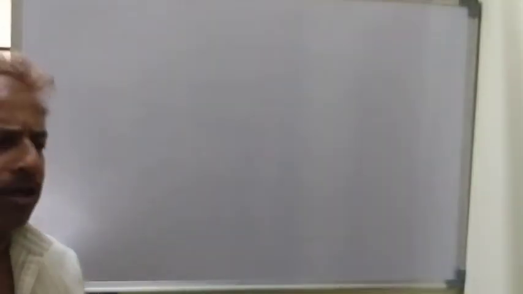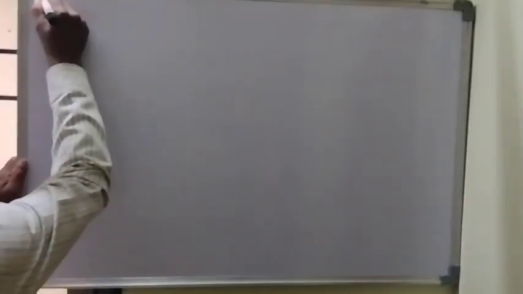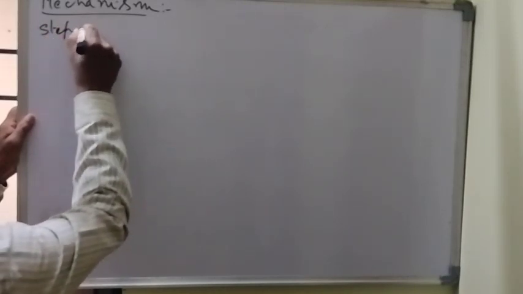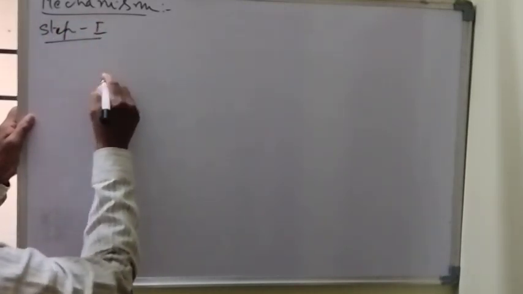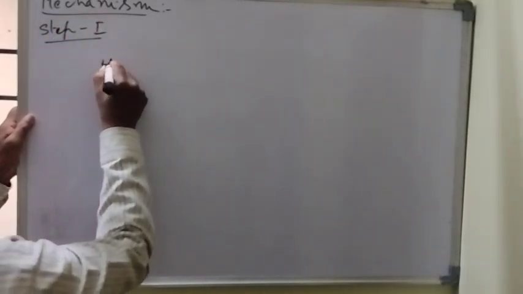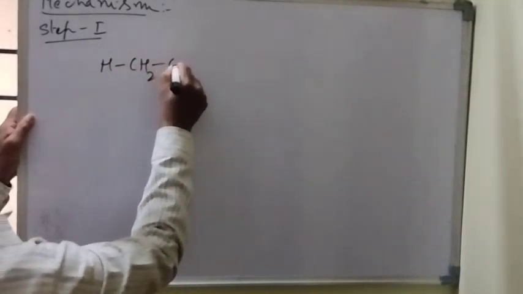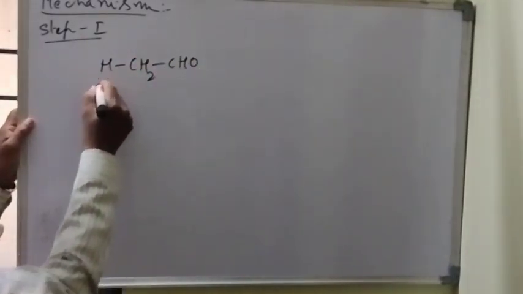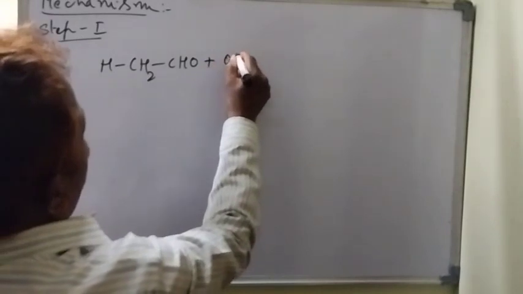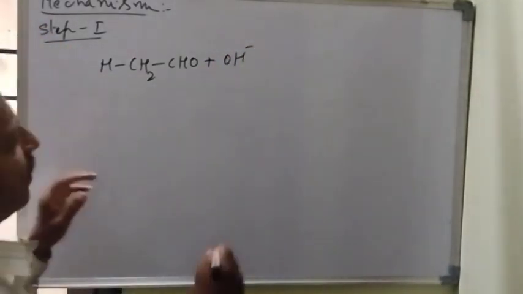Now let us see the mechanism of Aldol condensation. Mechanism is the detailed discussion of a reaction in different steps. So here in step 1, this is alpha hydrogen plus OH minus base.